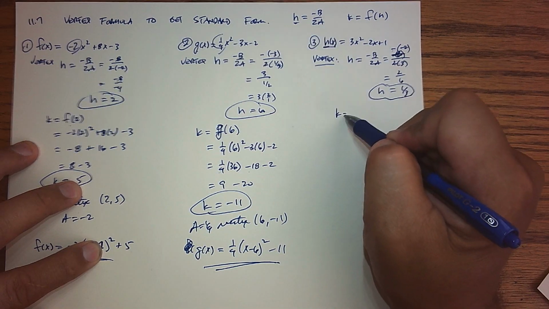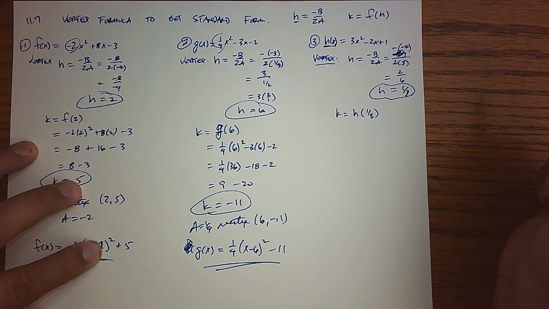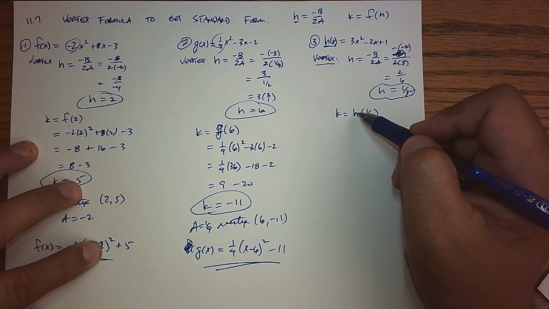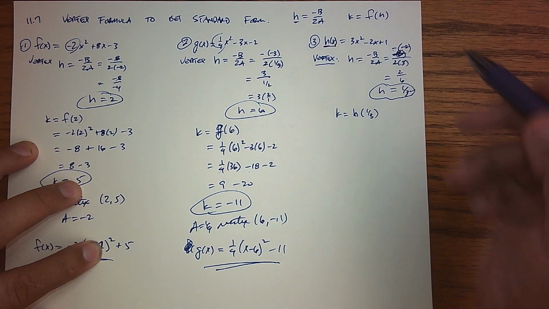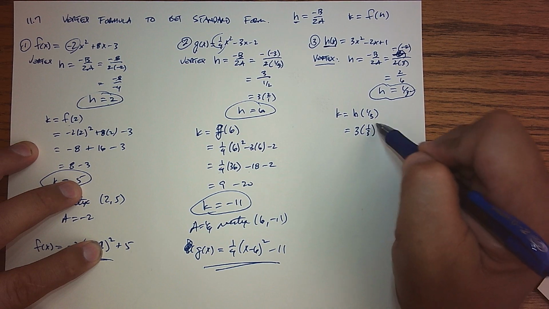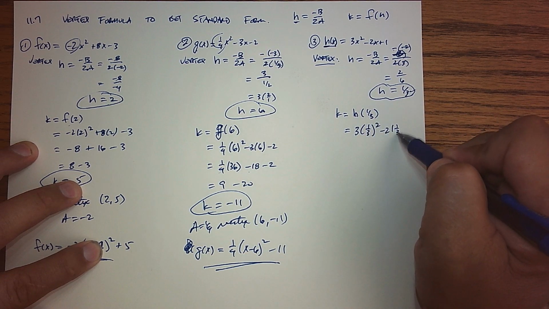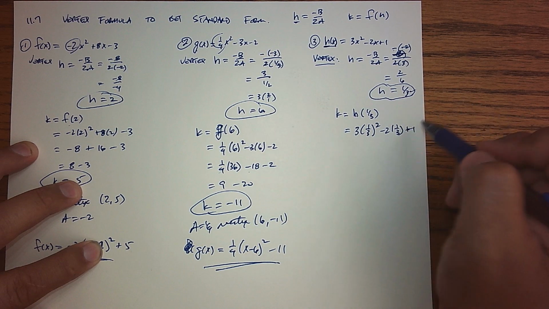How do I find my k coordinate? I basically evaluate my function at the input that I have. And again, this h is the function name now. So we get 3 times 1/3 squared minus 2 times 1/3 and then plus 1.